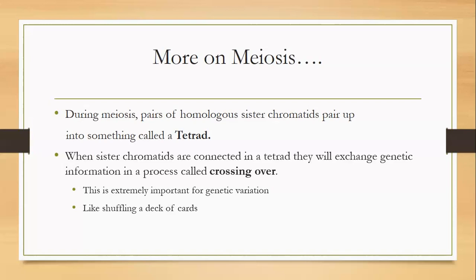And a good way to imagine it is that if you had a brand new deck of cards and you shuffled the deck of cards, it would no longer be in the same order, but it would still be the same deck of cards. Thus, the total genetic information is getting passed on from your parents, but it just may not be in exactly the same order. Thus, you look different, though similar to your parents.